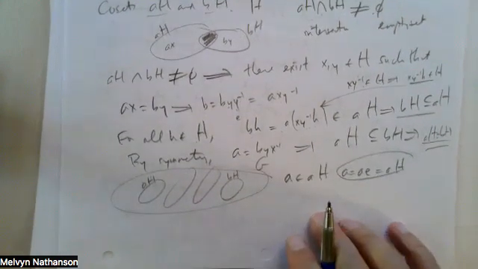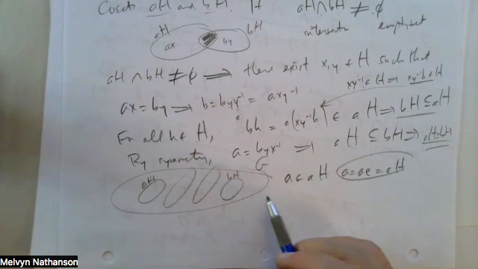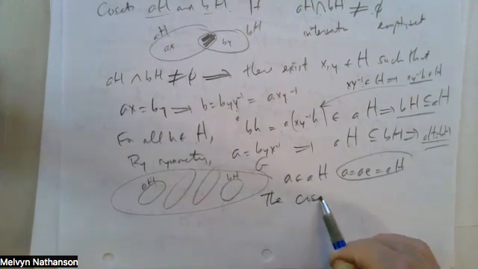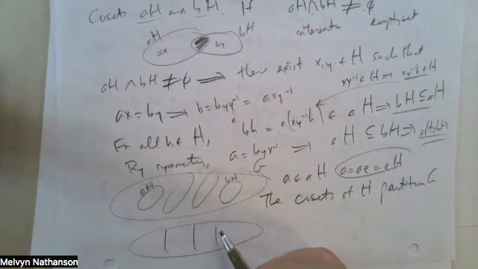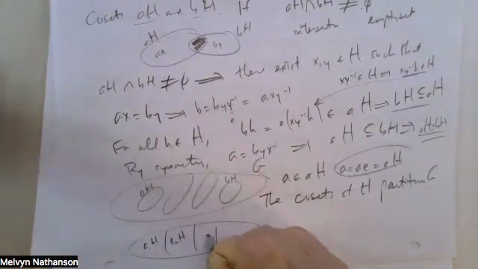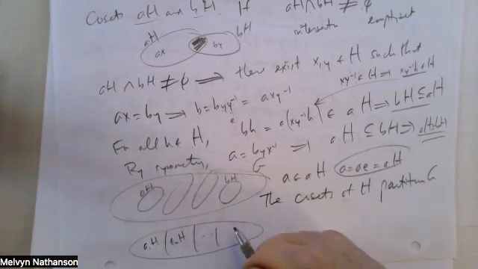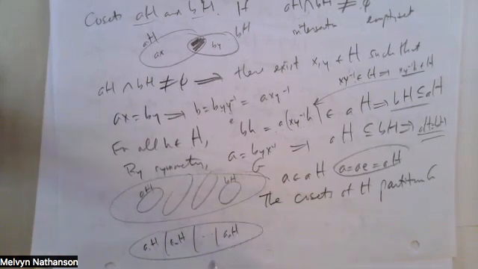And it follows that the cosets of H partition the group. As if this is the group, we have cosets A1H, A2H, up to some number, let's say A sub RH.